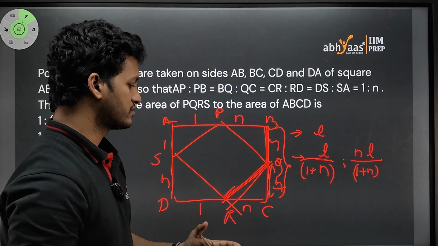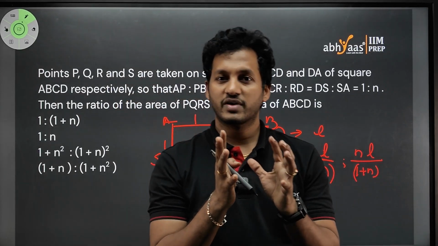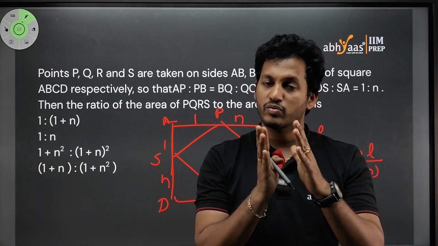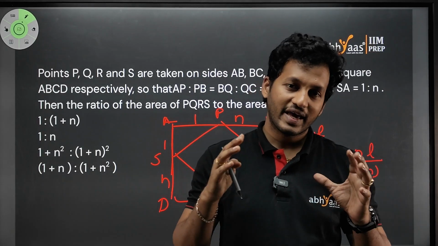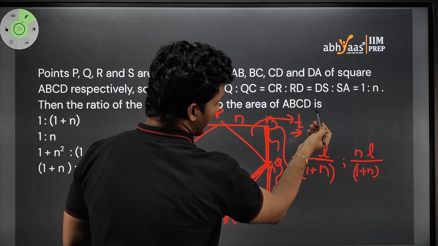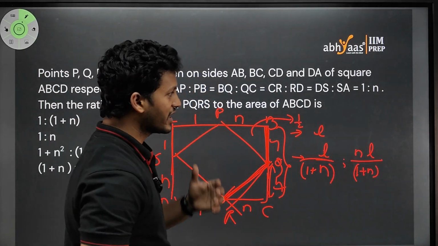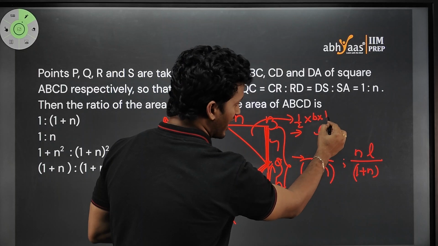Now imagine if you remove 4 corners from a square in the same ratio everywhere, that will form a right angle triangle. So what would be the area of that right angle triangle? It will be half into base into height.